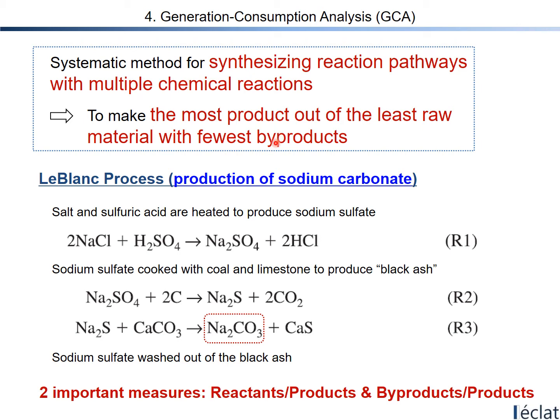Of course, this is very obvious, because we want to have more product from a smaller amount of reactant with suppressed byproducts. So in this generation consumption analysis, we'd like to synthesize the best performance process.